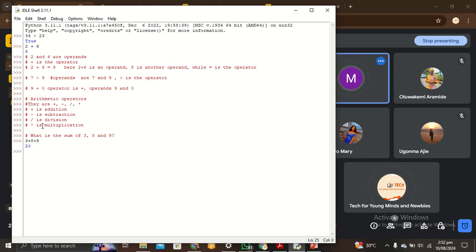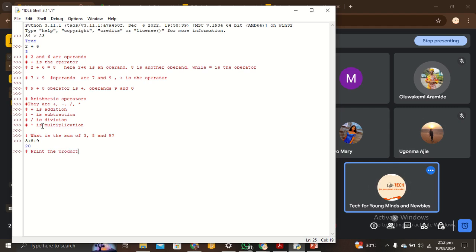Okay. Now, I have another question here. Print the product of 8 and 20. What is the meaning of product? Product means multiplication. So I will use multiplication. Now, I want to introduce the print word.